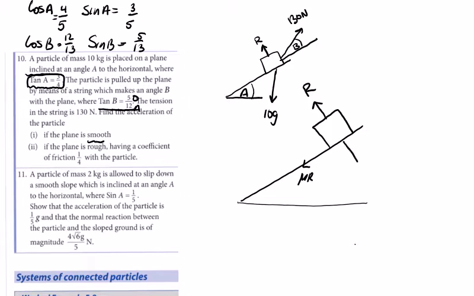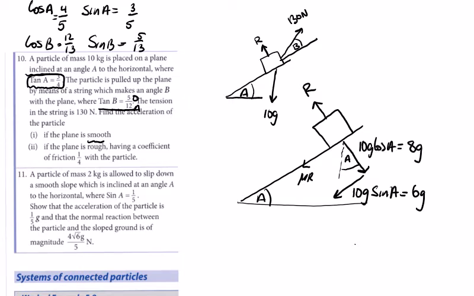We need what's going down this way and this way, in relation to your angle A, which was in here. In this direction we have opposite A, so we need the hypotenuse, which was my 10g, so we have 10g sine A, and sine A is 3/5, so we have 6g, and in this direction we have 10g cos A, which is 4/5, so 8g.